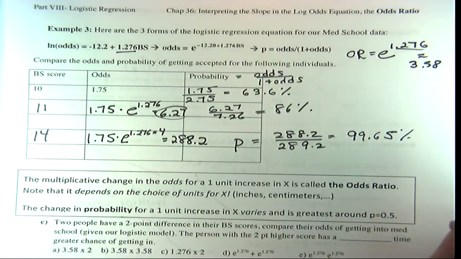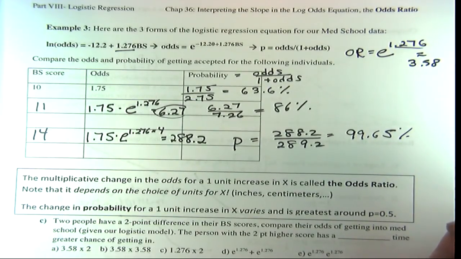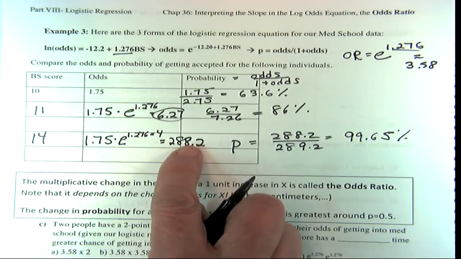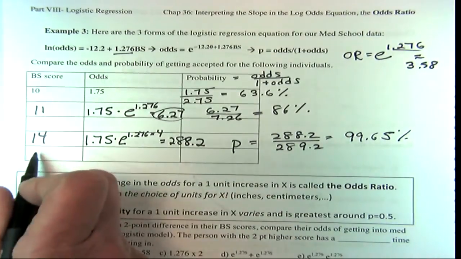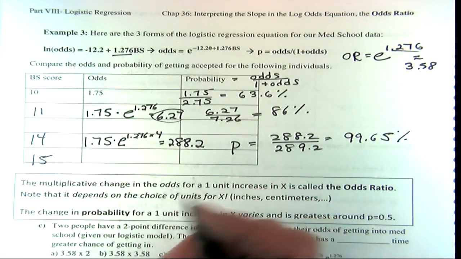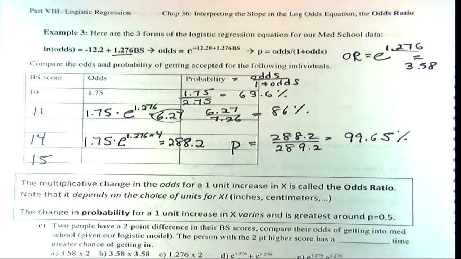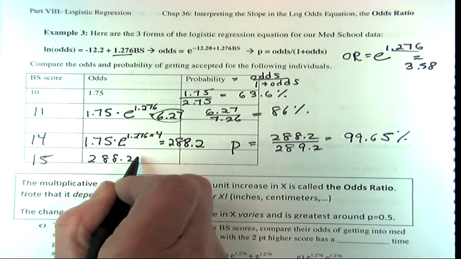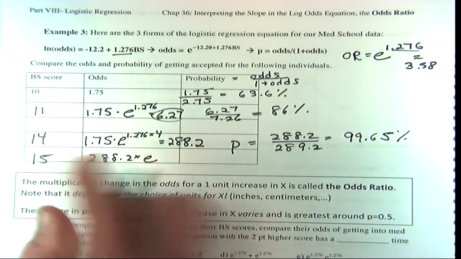Does this make sense? And if I wanted to compare this one, I could just multiply this one by 3.58. If I wanted to compare it to like 15, let's say, then I would just multiply, you understand, right? I could just say, okay, 288.2 times e to the slope, because it's just a 1 point difference.